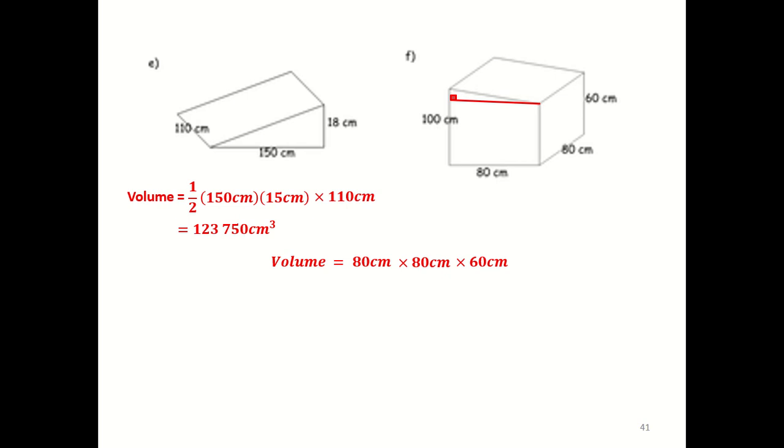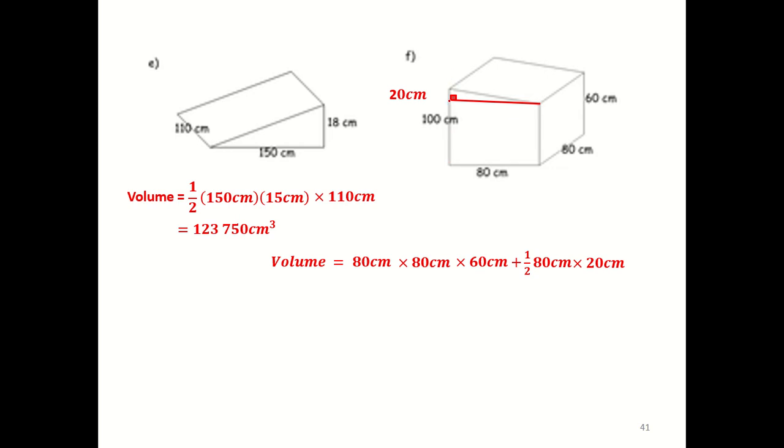Please note that the length of this side here will simply be 80, because I do have the length, which is 80. However, the only thing that I'm missing in that triangle is the height, and the height of the triangle will simply be 20. How did I get that 20? Please note that the total height is 100 centimeters.